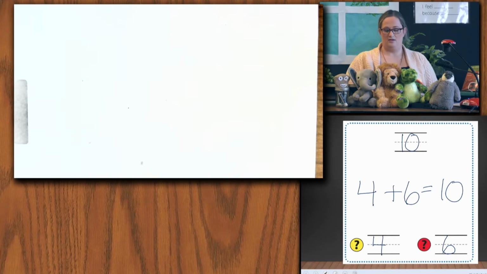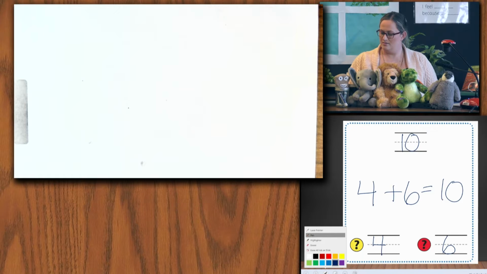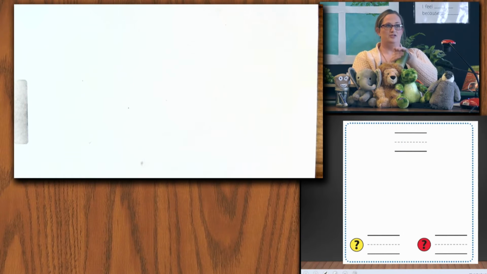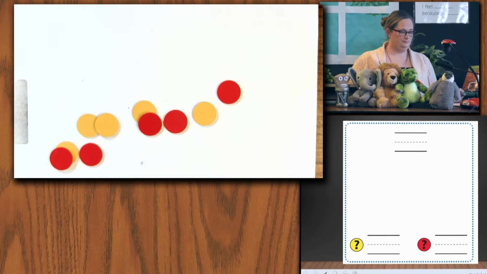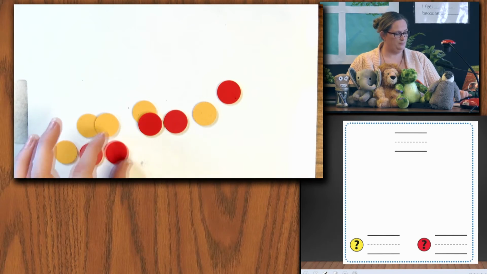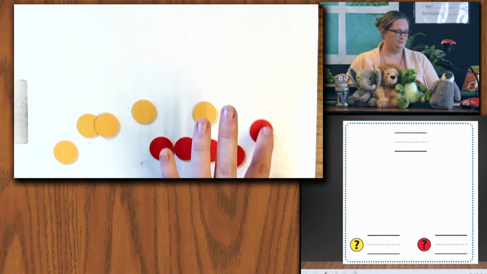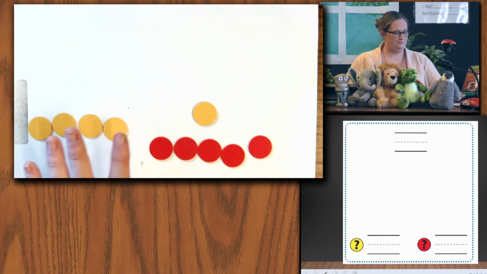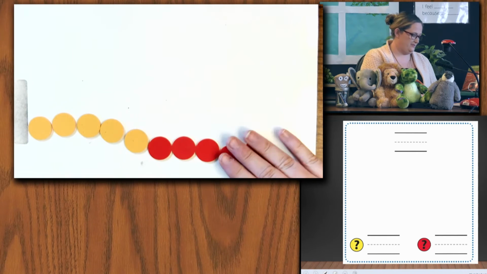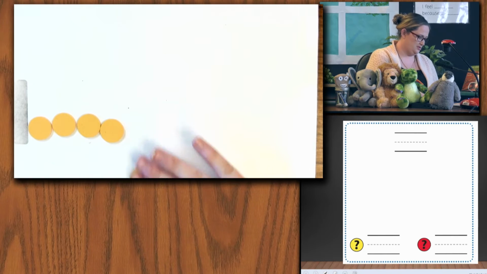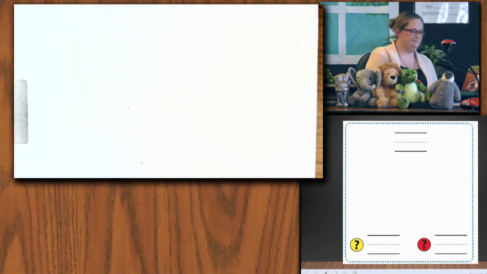Okay. Are you ready? Shake, shake, shake. Oh, we already had this one. Didn't we? 5 and 5. Okay, I'm not going to do that one again. We gotta find the ones we haven't had yet.